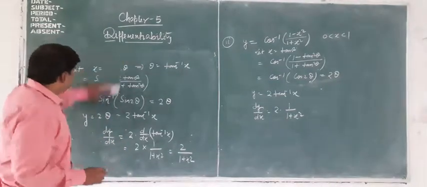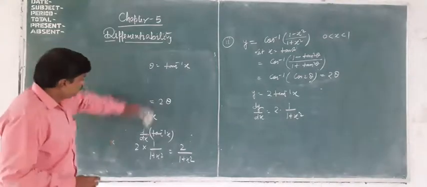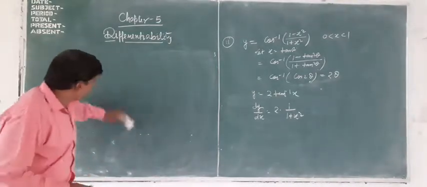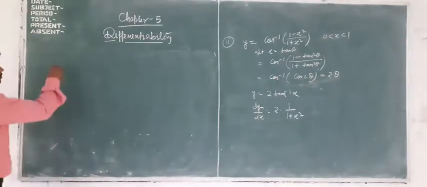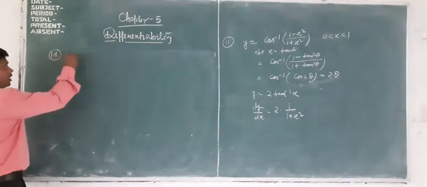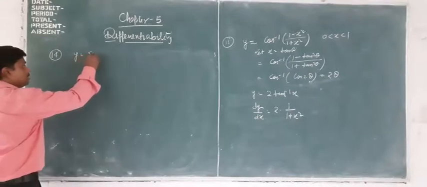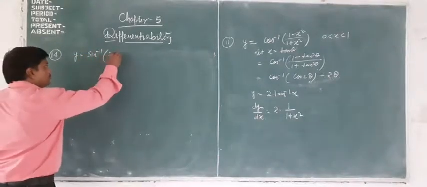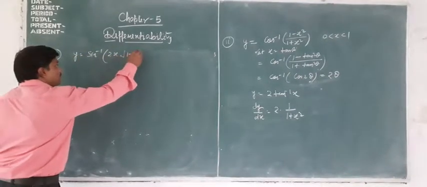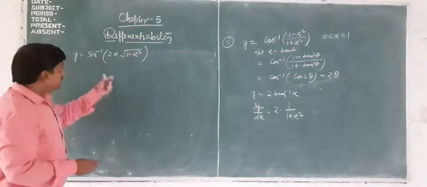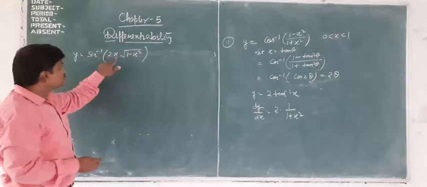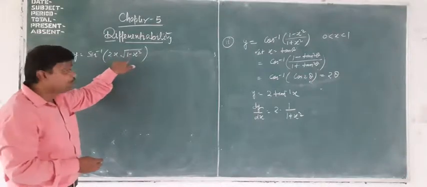Question numbers 14 and 15 are both easy questions. Y equal to sin inverse of 2x root 1 minus x square. It is just like 2 sin theta cos theta.